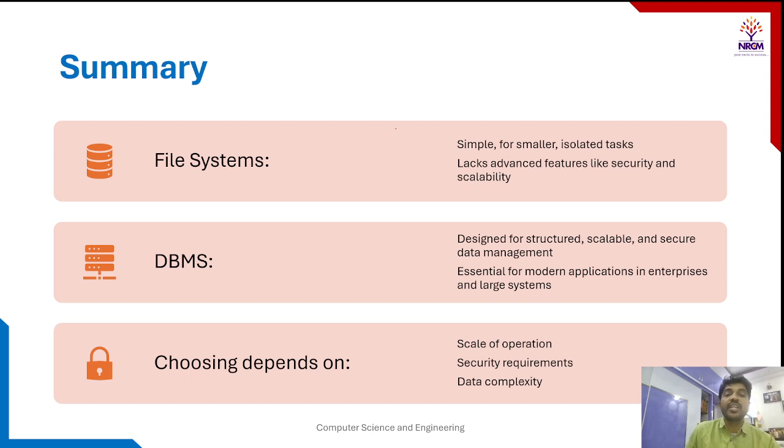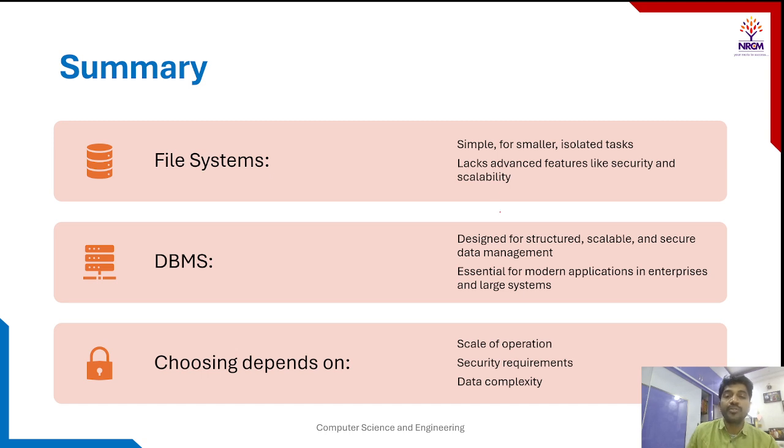In summary, the file system is not effective for big applications. It is only for small scale applications or personal use. The DBMS is going to be used for top applications, right? And the industry needs it.